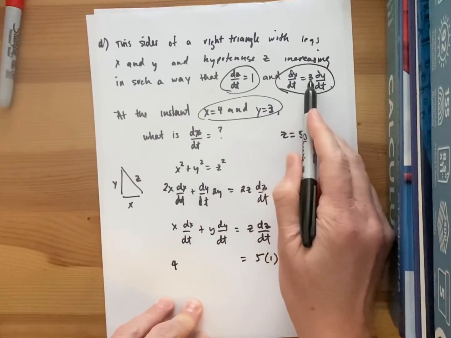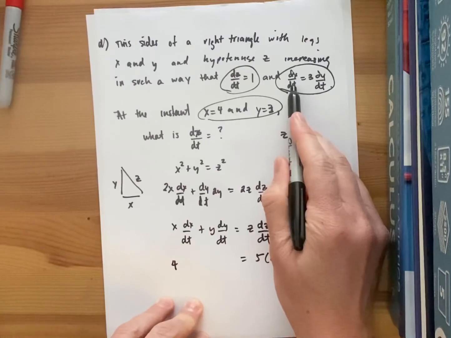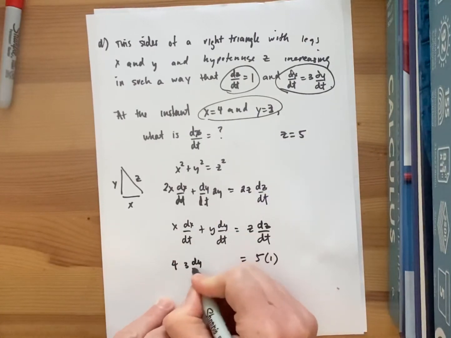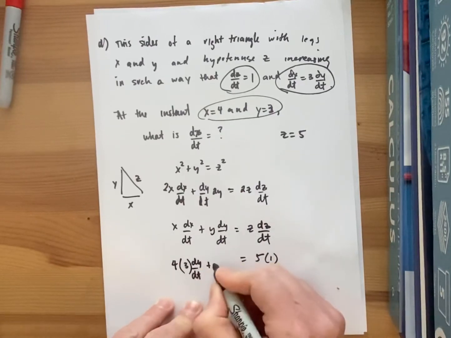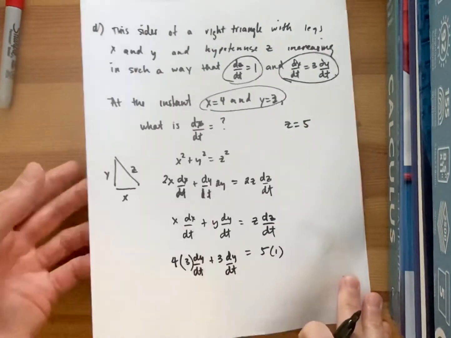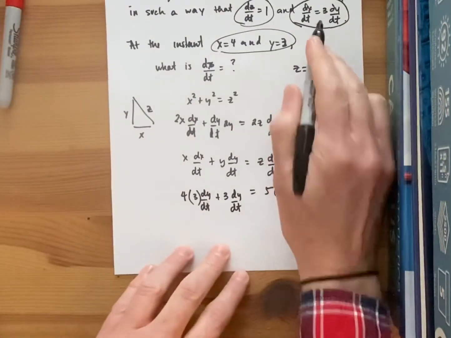I'm going to use this where I'm changing dx dt to 3 dy dt. And y was 3. This way I could solve for dy dt and then plug back in and get dx dt.